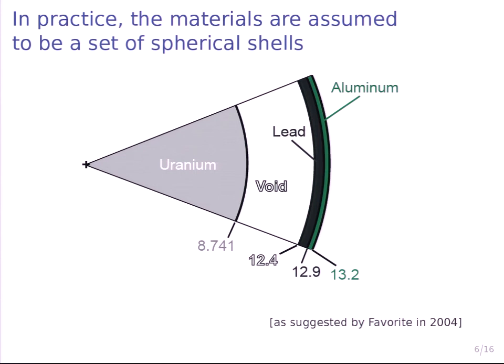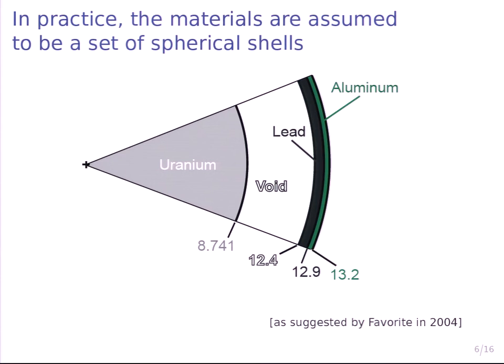And the problem that I have posted here is suggested by Jeff Favorite in 2004, and it consists of a uranium central sphere, and then there's a void region, and lead and aluminum shielding.